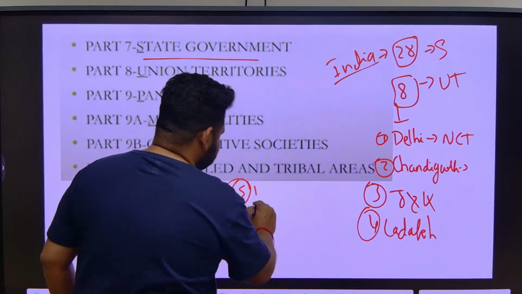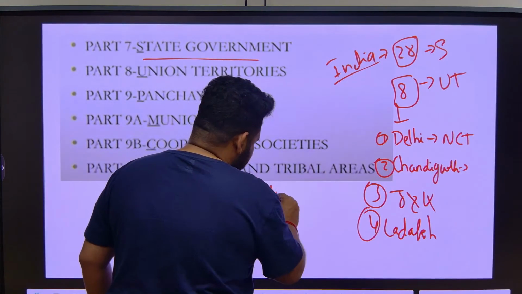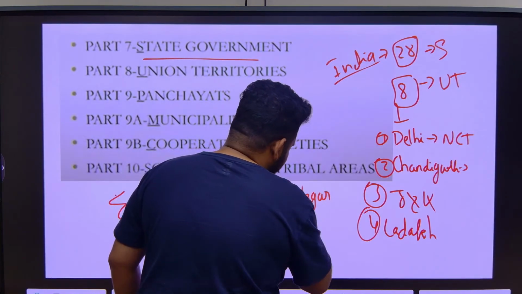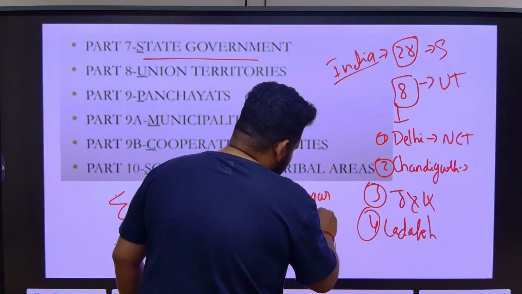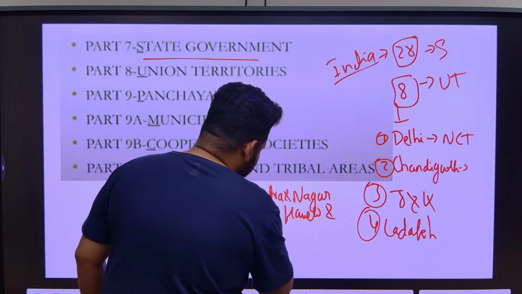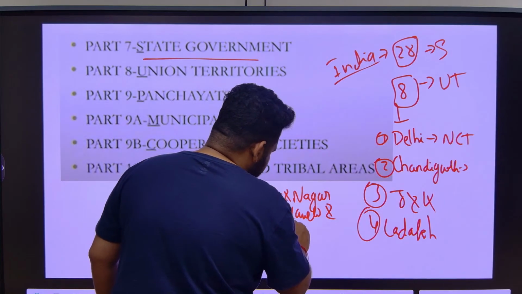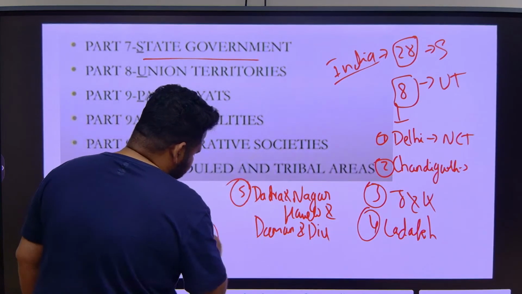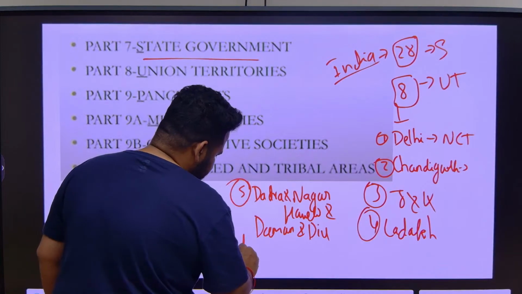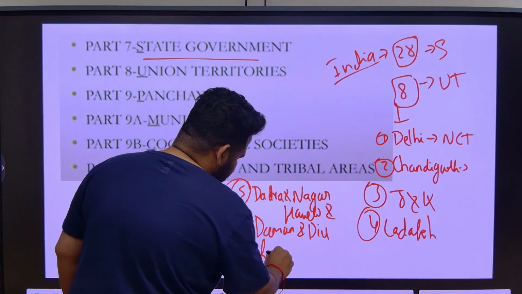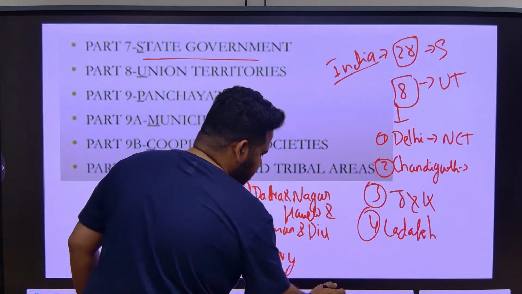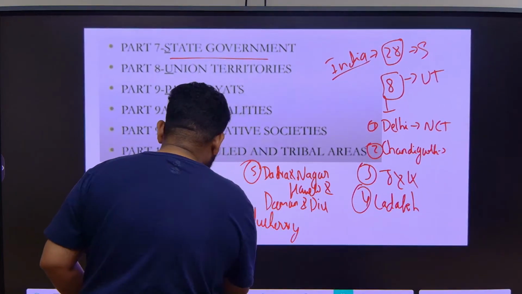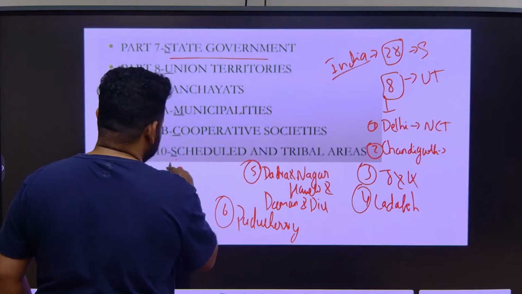So, first is Dadra and Nagar Haveli. Another one is Daman and Diu. Okay, next is Pondicherry, whose name was also changed, it is Puducherry. Next we have Andaman and Nicobar.